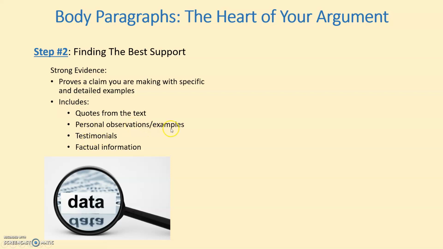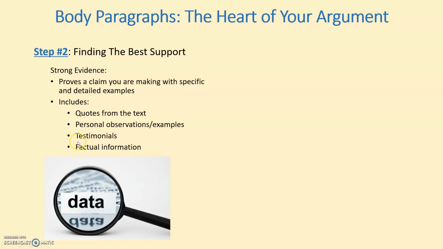But a personal example can be something like, this is an experience that my mom went through, or this is a hardship that my dad endured, or this is something that happened to me when I was 6 years old. So these personal observations and examples can be from our memory, but the testimonials are actions and events that we ourselves have witnessed.